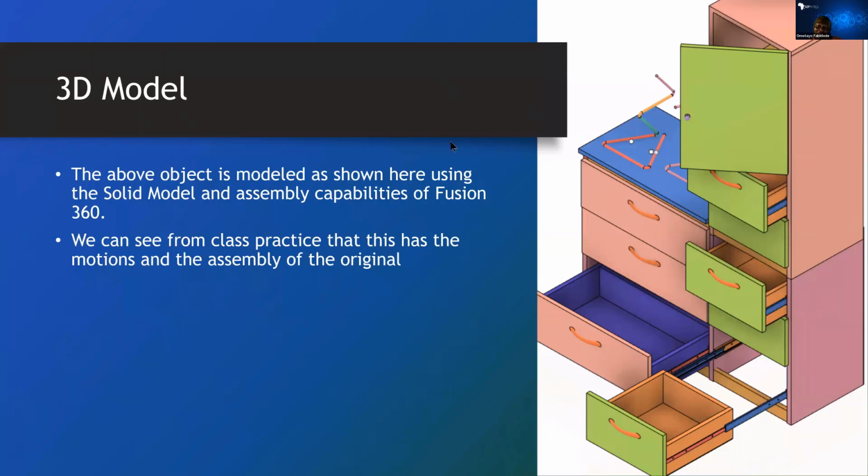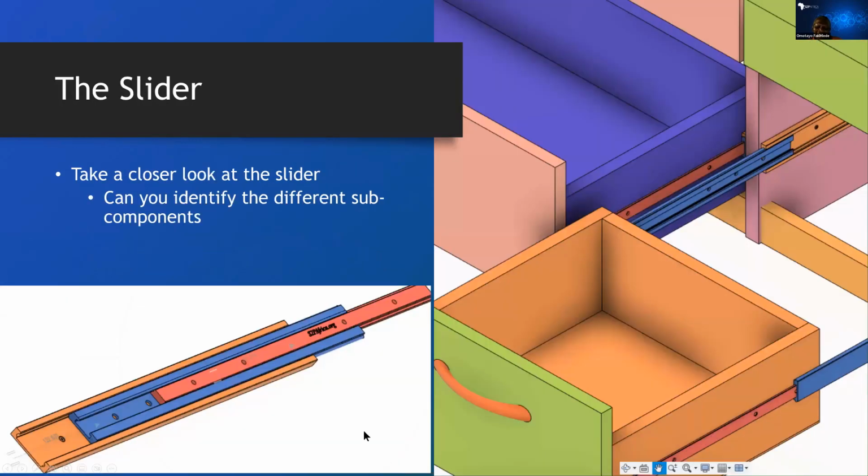Okay, let us see what comes next here. Now, this is the same slider that you are seeing here, drawn by itself. The slider contains 3 components. It contains the outer slide, middle slide, and inner slide. There are 3 components.